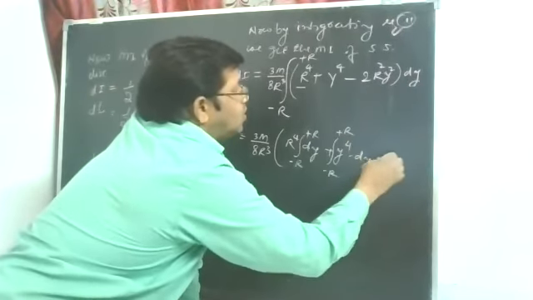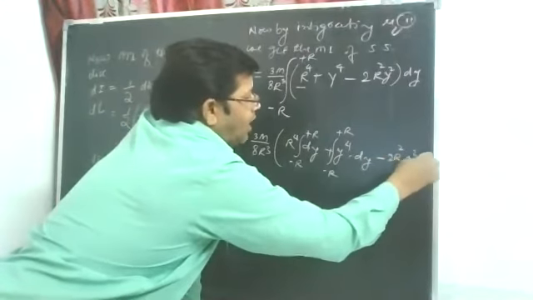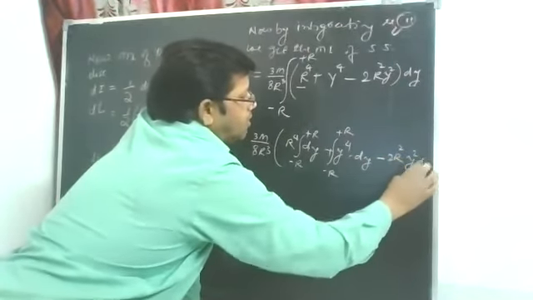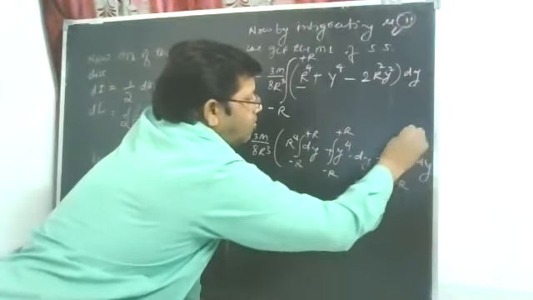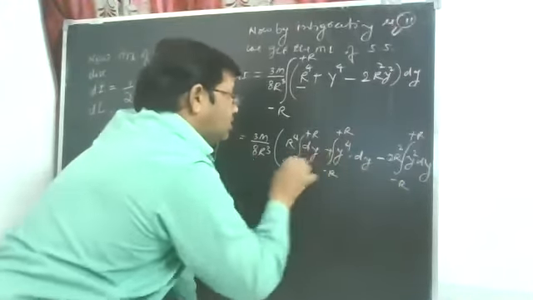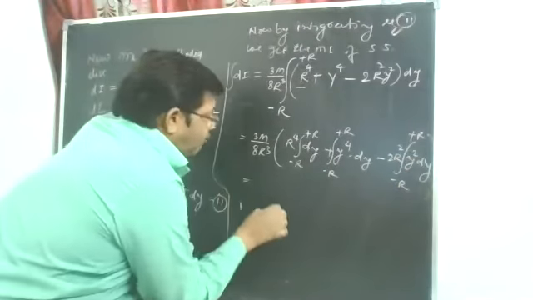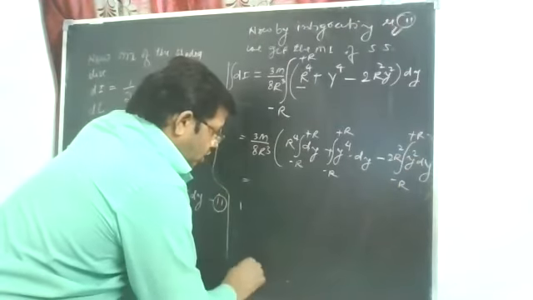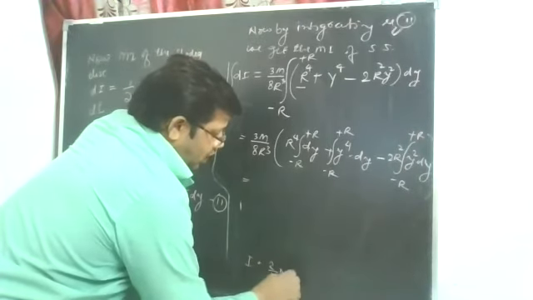Now minus 2, constant r square, constant y square into dy. Take the variable terms here into dy. The limit of integration is minus r to plus r. Now if you solve this whole equation, you will get the moment of inertia of the solid sphere as 2 by 5 mr square.